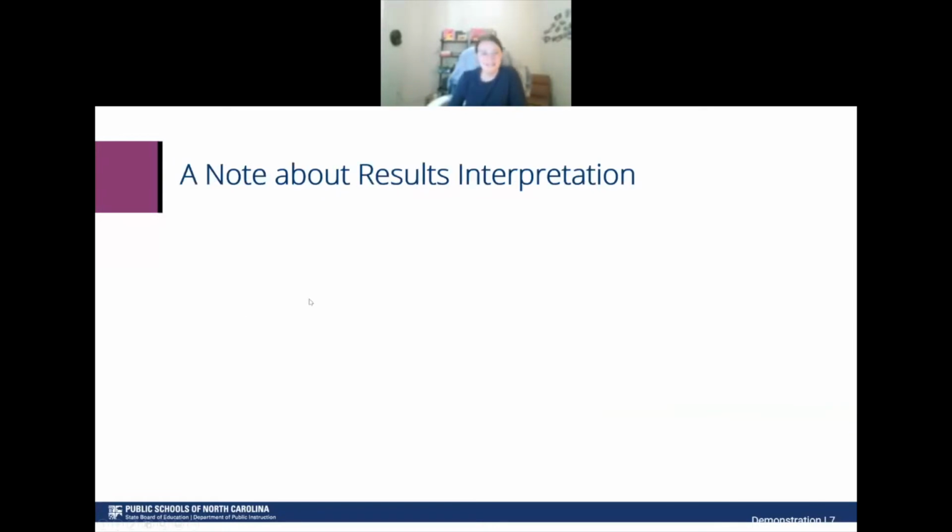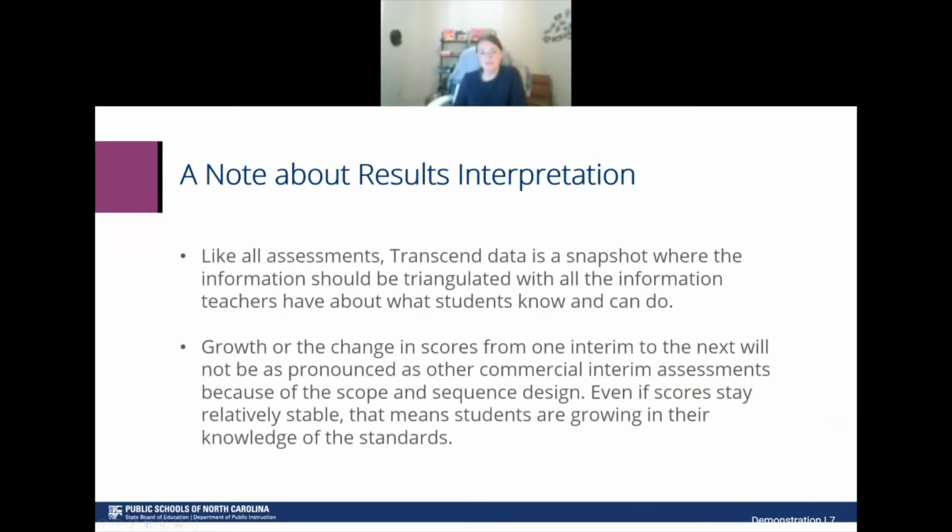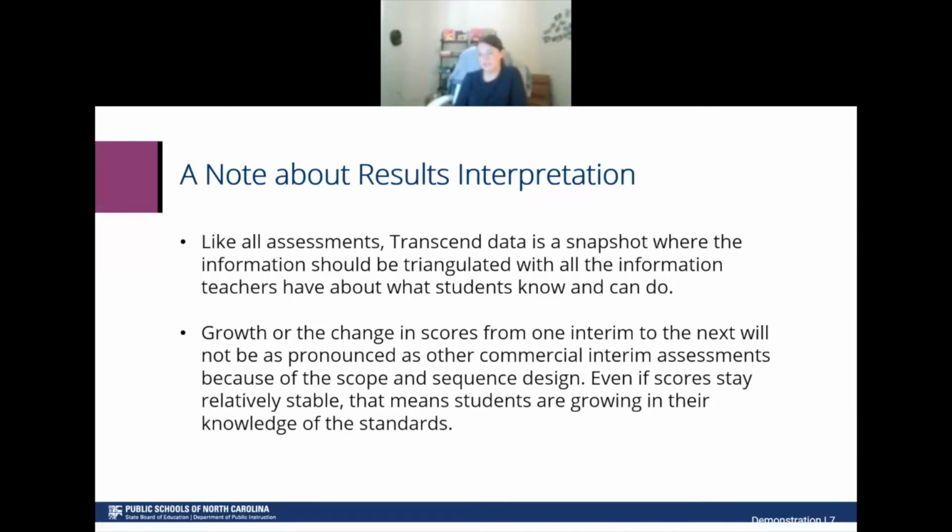All right. Just another quick note about results interpretation. We recommend, and I think this is a broadly shared perspective, certainly not necessarily unique to Pearson, that like all assessments, Transcend data is just a snapshot in a point in time. It does not take into account the morning that the student had, other things going on in that student's life, what that particular day looks like for that student.